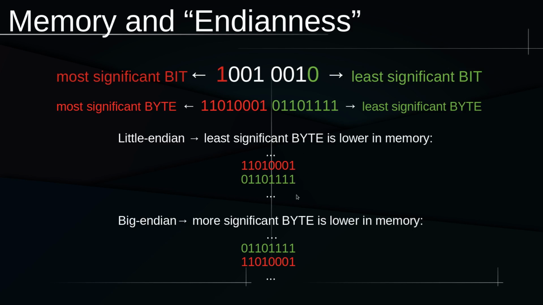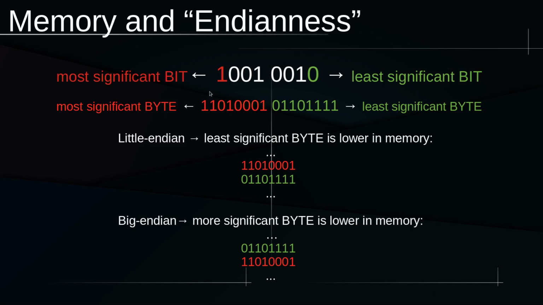So you would read a word from memory from bottom to top. That's the direction, okay? In a big-endian architecture, the more significant byte is lower and the least significant byte is higher. So you read this from top to bottom, okay?